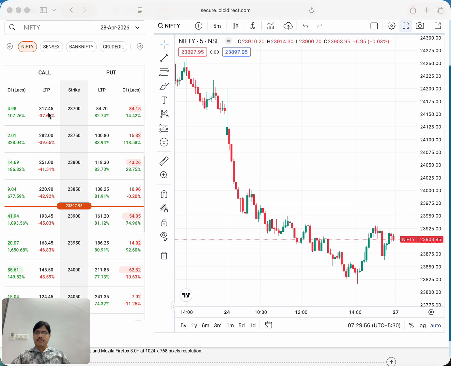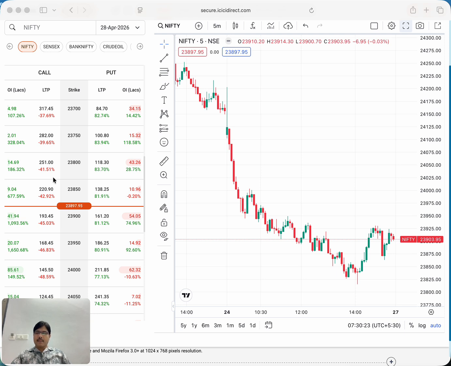The time decay of the premium will be less, and you are going to get a good benefit of profit also, because whenever the market is moving fast in your direction, this premium will also move very fast. So taking this portion, which is called in the money on the call side, is better for intraday trading for you.